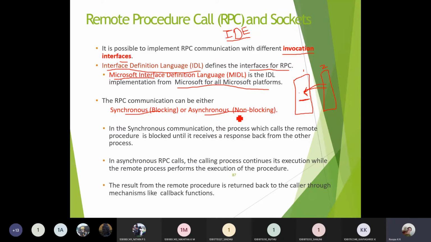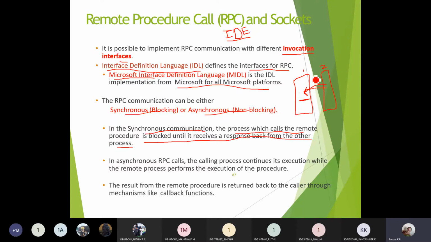So this type of communication is said to be synchronous communication. It is the process which calls through the RPC, and it is blocked until it receives a response back from the other process.